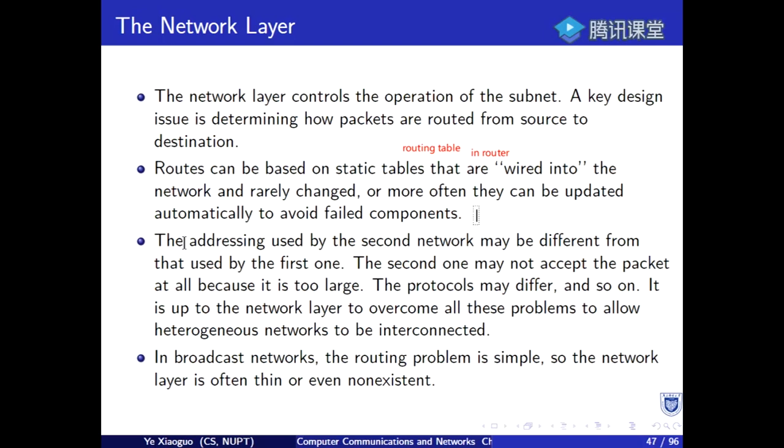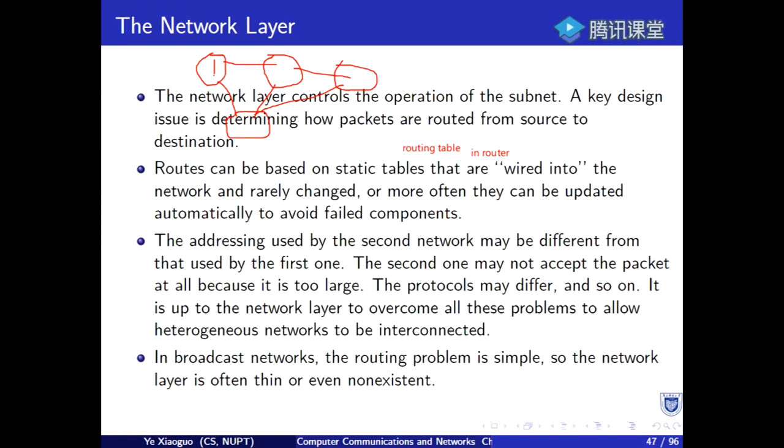The addressing used by the second network can be different from that used by the first one. We know in the internet we have different networks, and they are connected with routers.